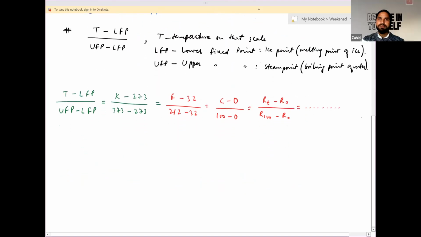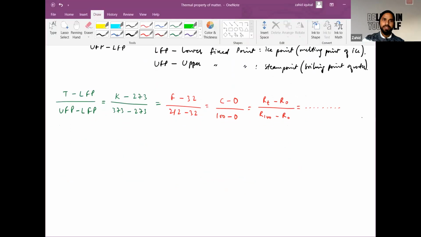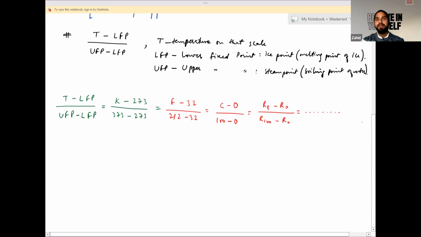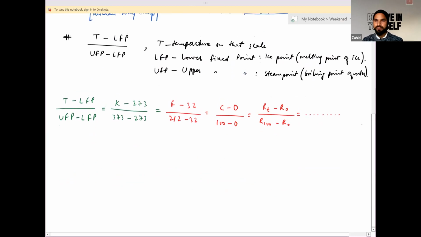Then related to this, there will be a question. First, find the temperature for which the numerical value on two different scales will be equal to each other. Suppose there is a question to find the numerical value at which Kelvin and Fahrenheit are equal to each other.